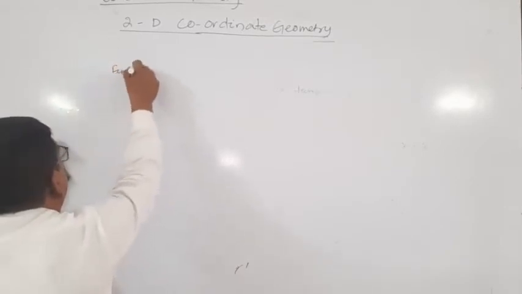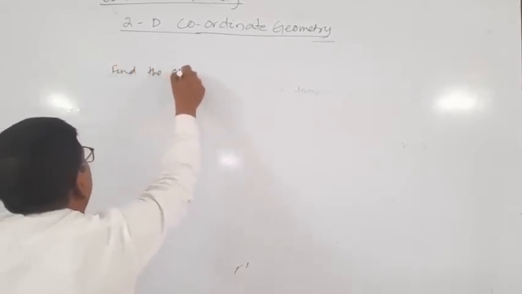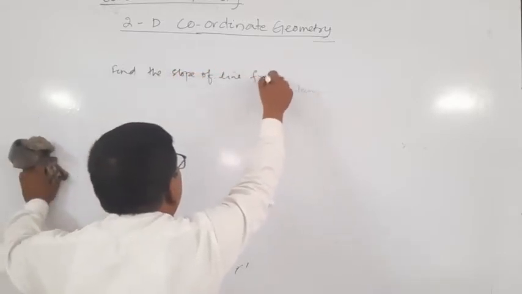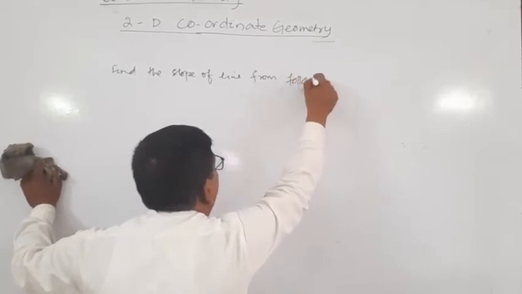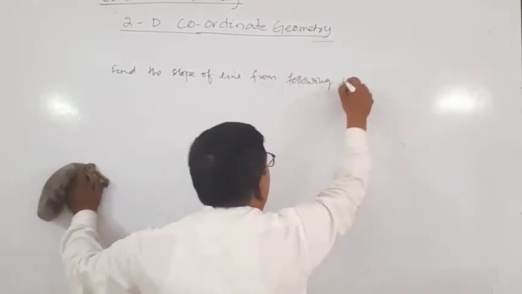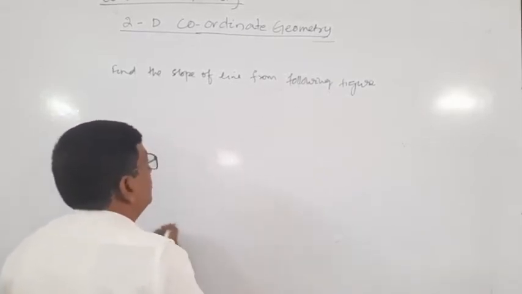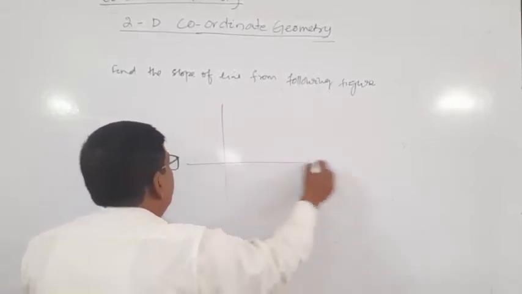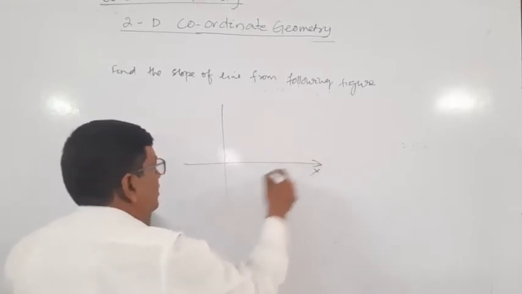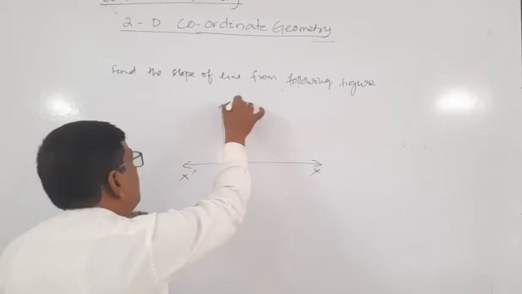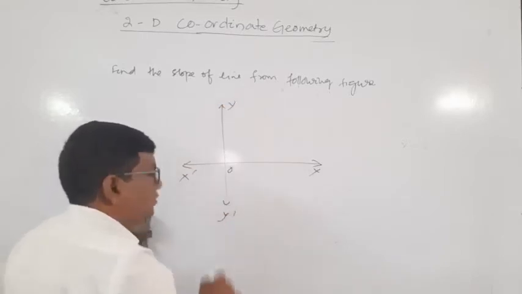Find the slope of the line from the following figure. Clear? Suppose this is the line, this is the coordinate axis X'OX and this is Y'OY.